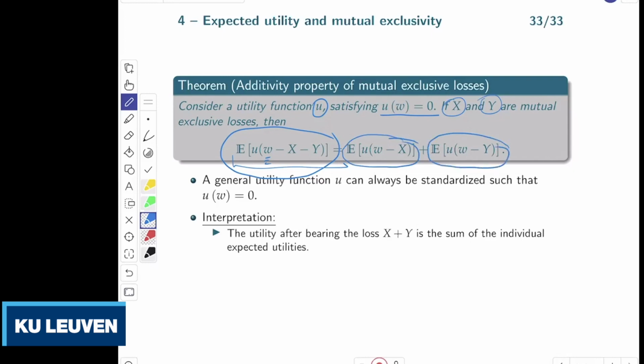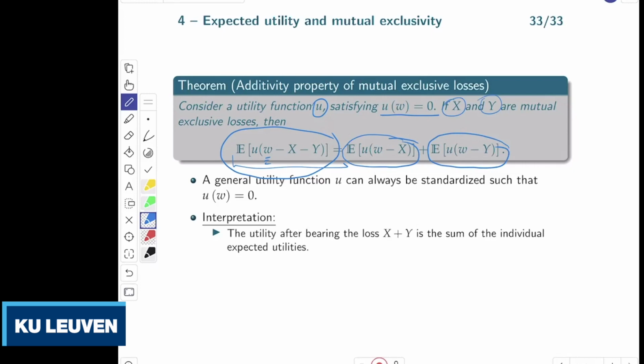What's important here, first thing, is that if you look at the left-hand side, you have an expectation, and inside the expectation you have X and Y. So if you calculate that expectation, you take the integral, you need the joint distribution of X and Y. You need the probabilities of X and Y taking some values simultaneously. On the right-hand side, you have two expectations, but each of these expectations only contains one risk.